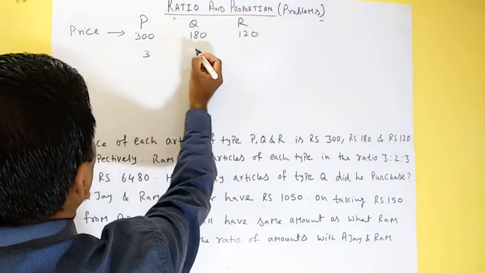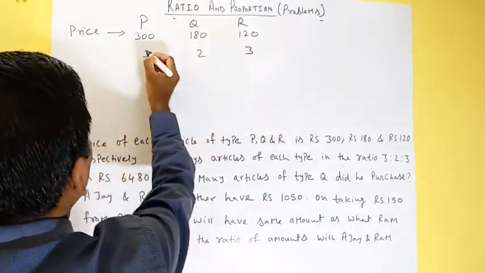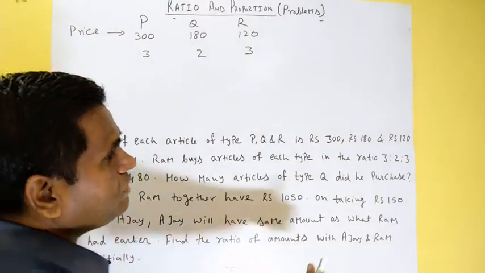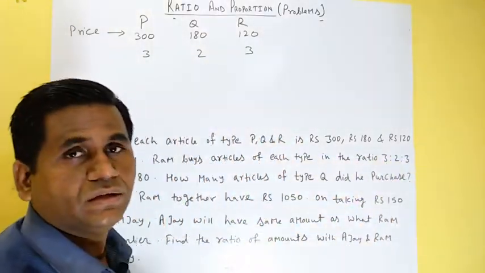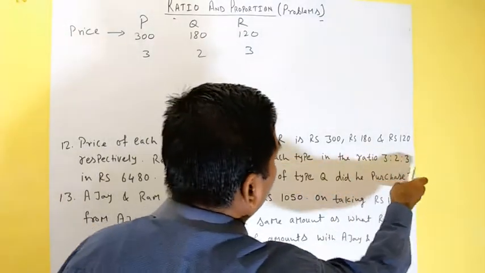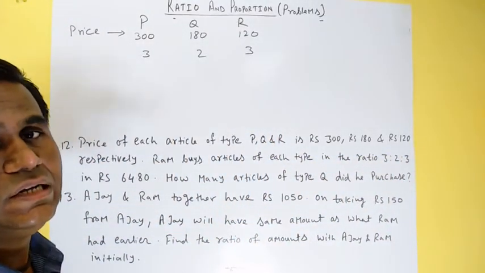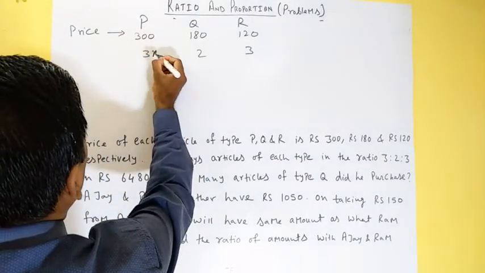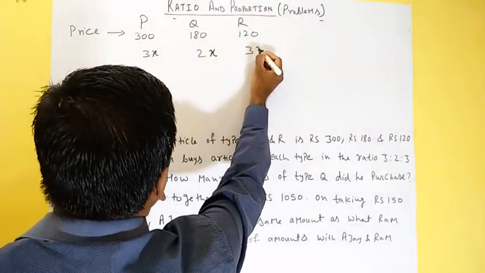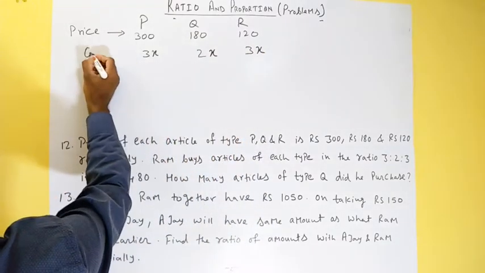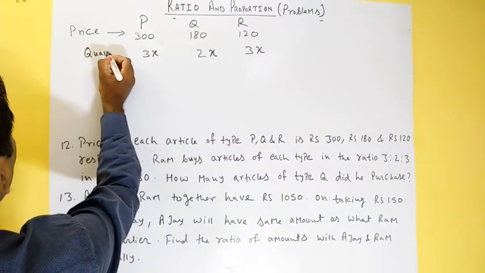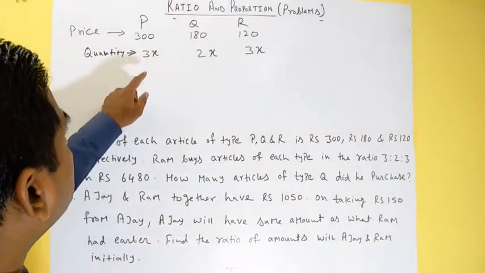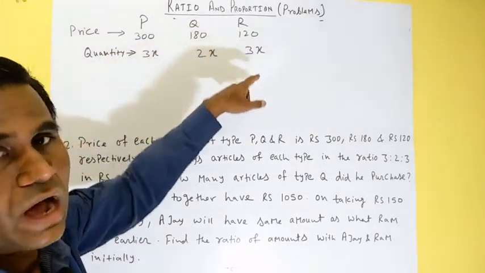So what is this? This is the ratio. If we multiply a common factor, let's say x, to this ratio, we will get the quantity of how much Ram is purchasing. So 3x, 2x, 3x. This is the quantity that Ram is buying for each one, P, Q and R.